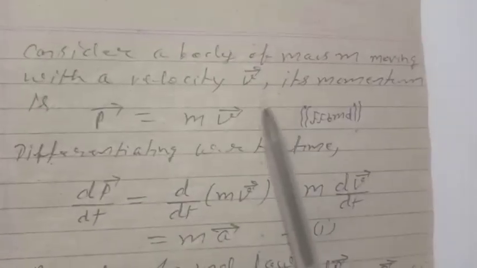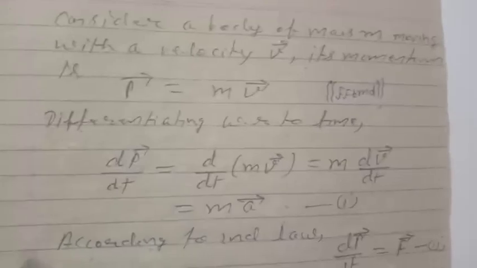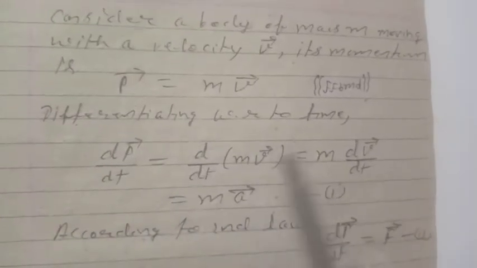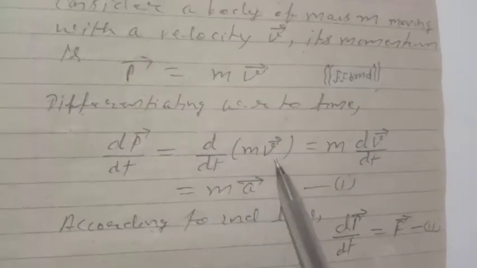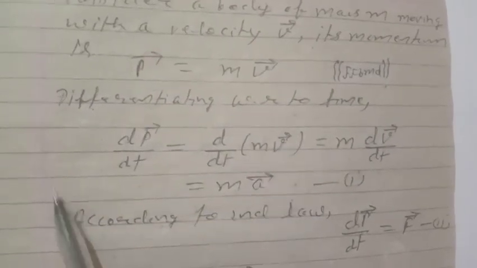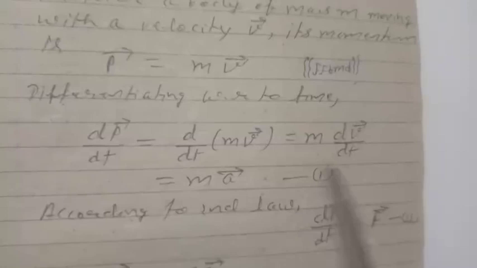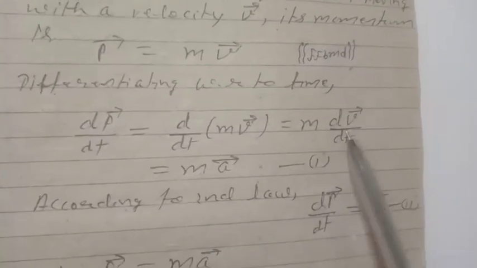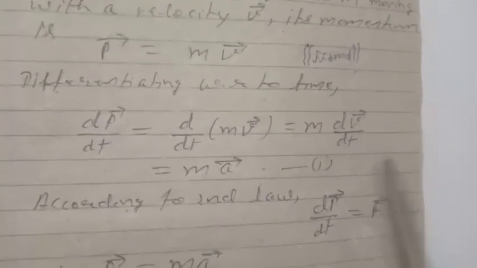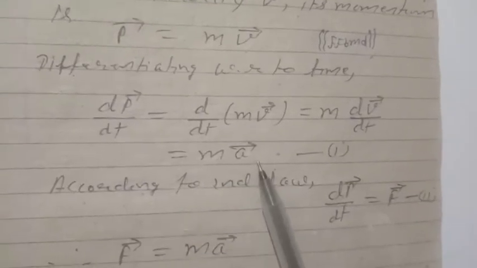Now consider a body of mass m moving with a velocity vector v. Its momentum is given by p vector equals m into v vector. Differentiating with respect to time on both sides, we get dp by dt equals d by dt of m v vector. Because m is constant, it comes out of the differentiation, so dp by dt equals m dv by dt, where dv by dt is the acceleration, so m into a vector.